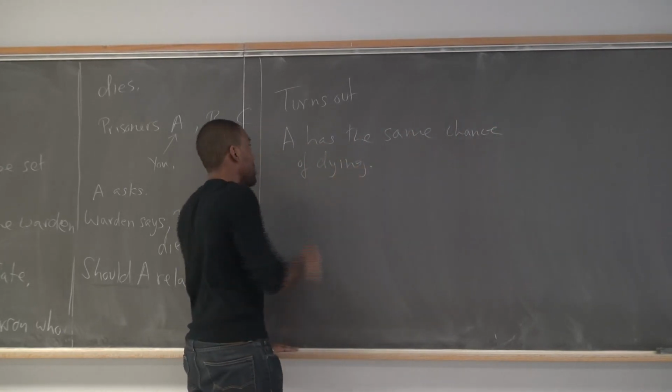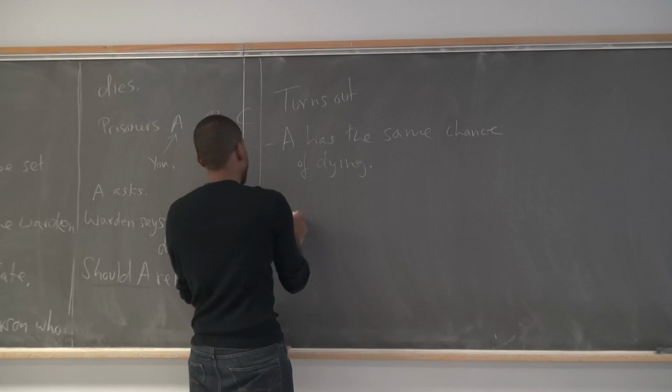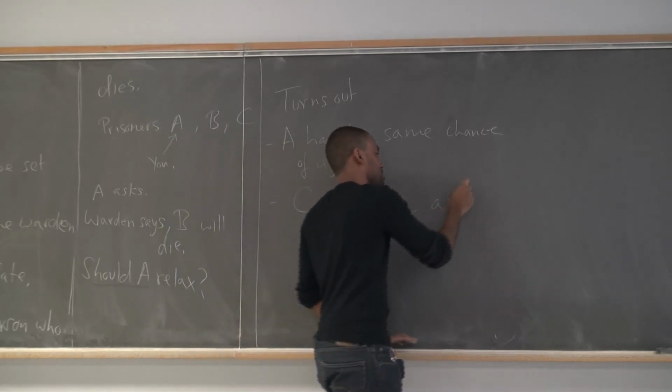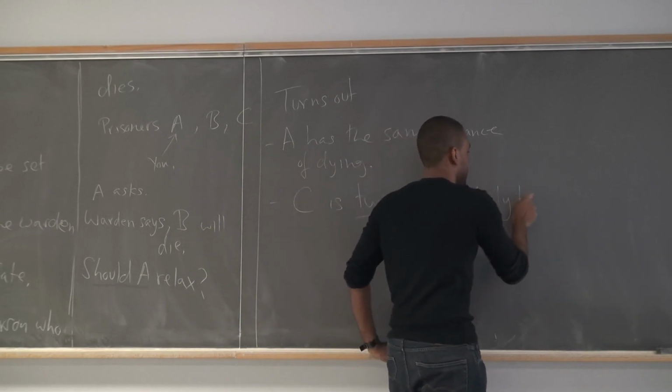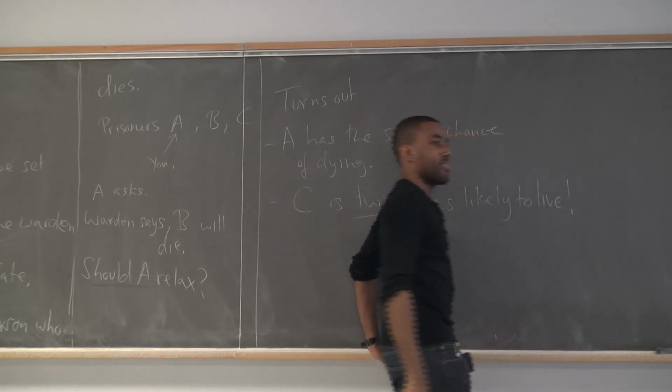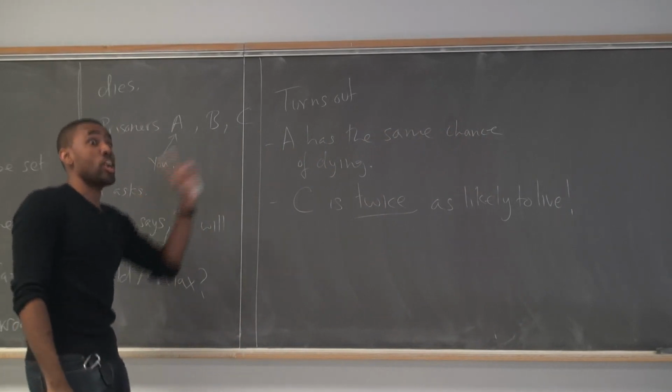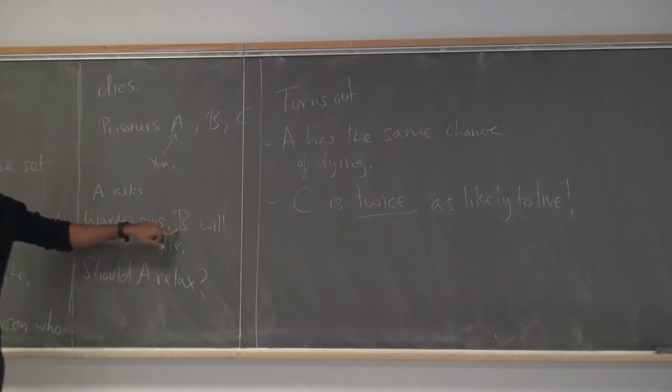That's not the crazy part. Here's the crazy part. C is now twice as likely to live. That makes sense. So the guy who asked, his chances didn't change, but the other guy's chances doubled now that we know that B is going to die.